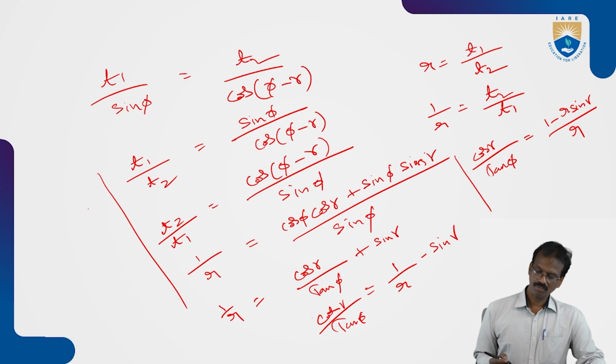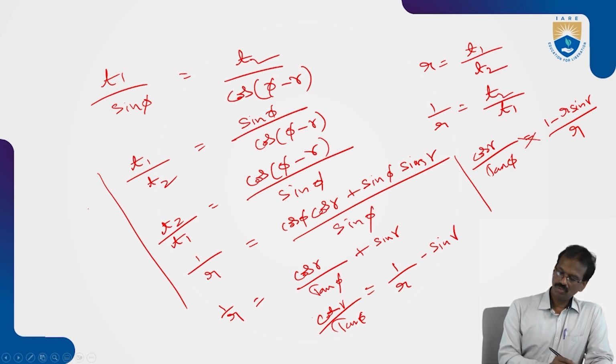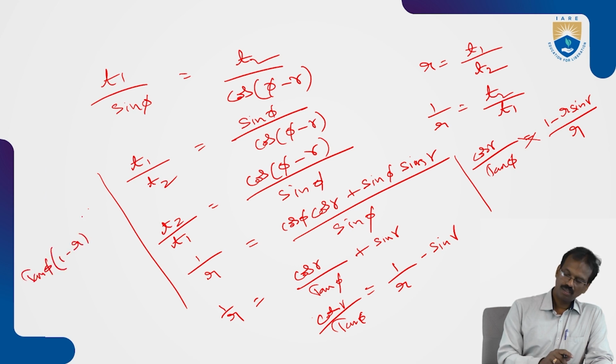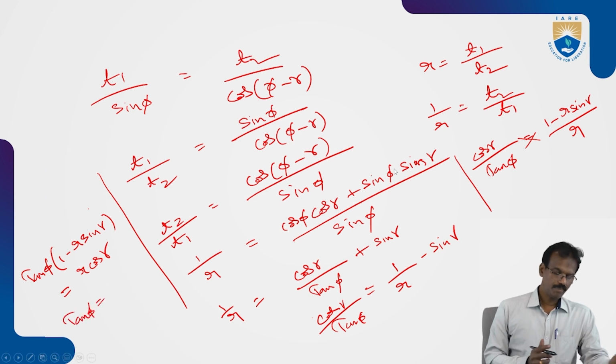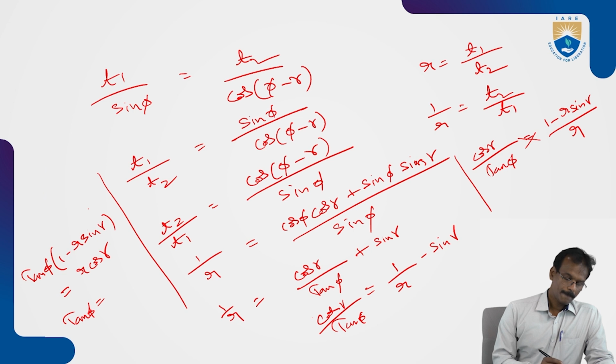Otherwise, you can cross multiply this one. So that is equal to tan phi of (1 minus r sin gamma) is equal to r cos gamma. Okay, so then tan phi is equal to r cos gamma by (1 minus r sin gamma).